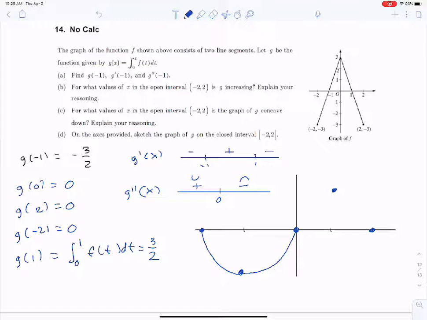From 0 to 1, it's still increasing, but now it is concave down. And then from 1 to 2, it's decreasing and continuing concave down. I messed that up a little bit, but you get the point. And that's our graph. Any questions on the graph?